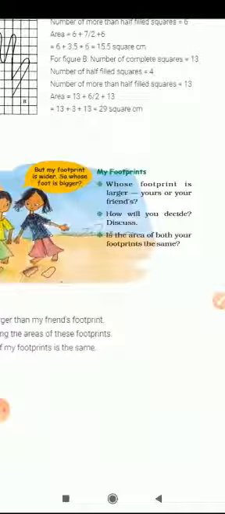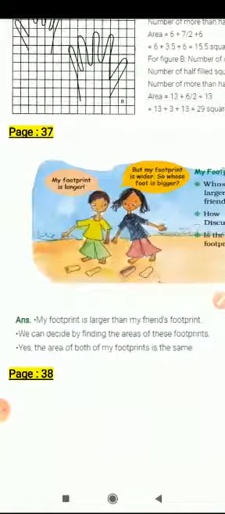How will you decide? How did you decide that your footprint is larger than your friend's footprint? So the answer is, we can decide by finding the areas of these footprints. Okay, we have found these areas for hand tracing. Same way you can find areas for these footprints and you can decide whose footprints are bigger than others.